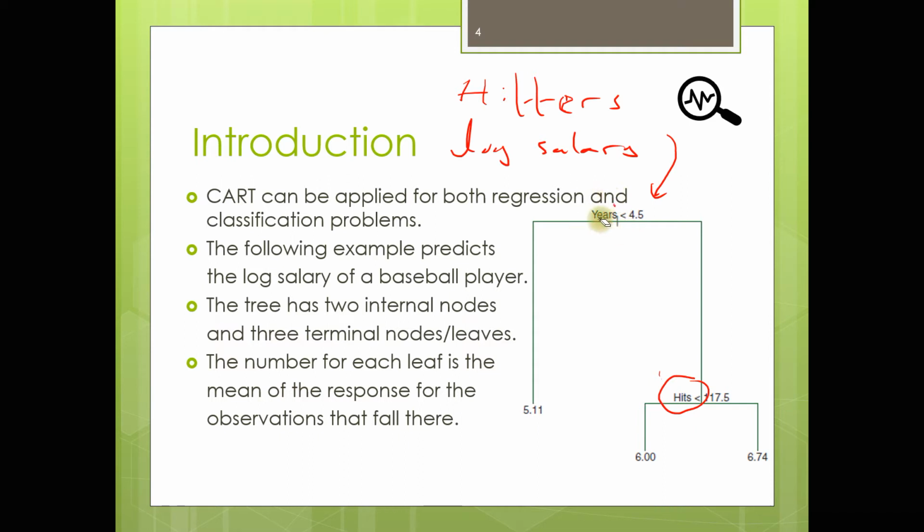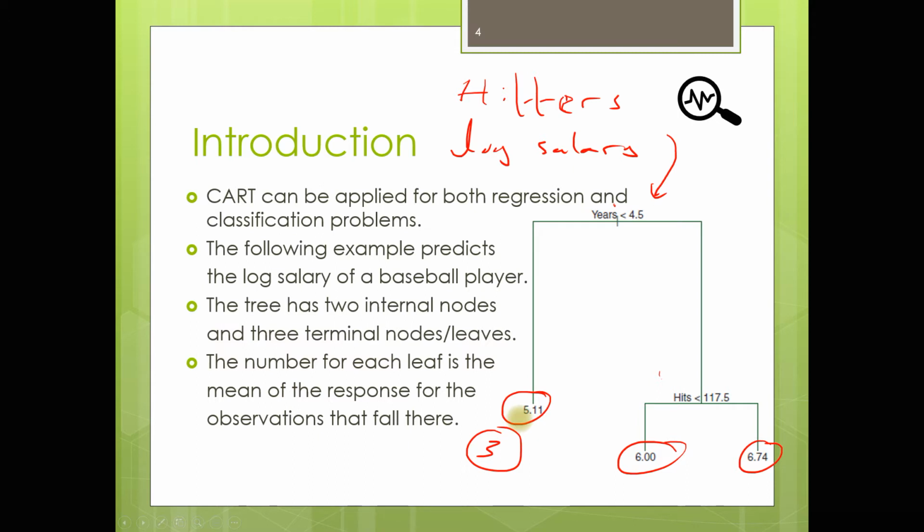When you look at this decision tree, you will see that there are three values here. These three values, which are located at the end of a branch of the tree, represent what we call the terminal nodes. There are three terminal nodes in this example.